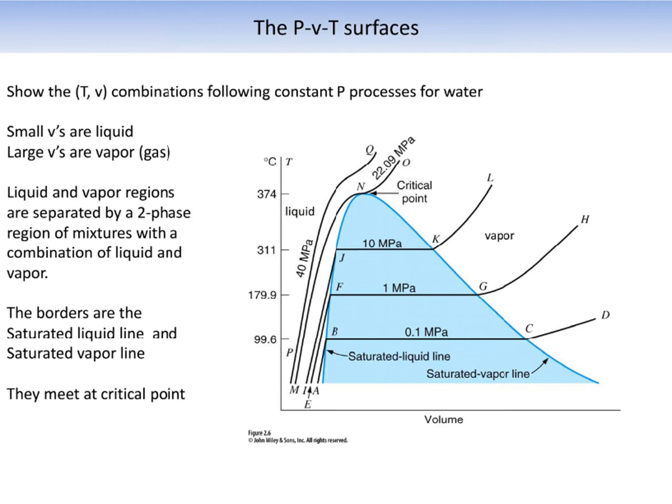So these lines are for different pressures, and you can note down these pressures over here. For the first curve, ABCD, let us discuss this curve first, and then move on to the other curves.